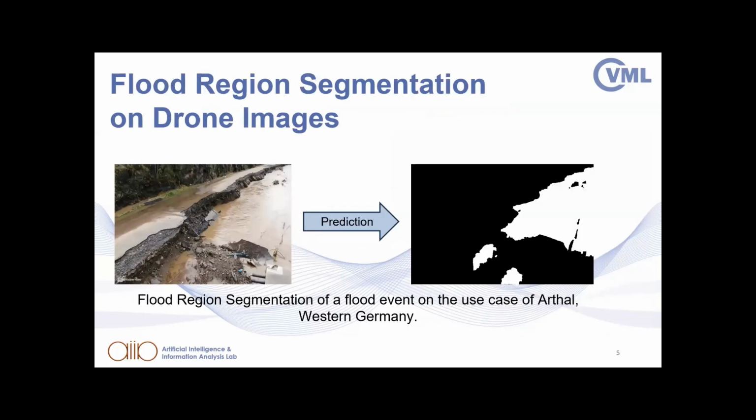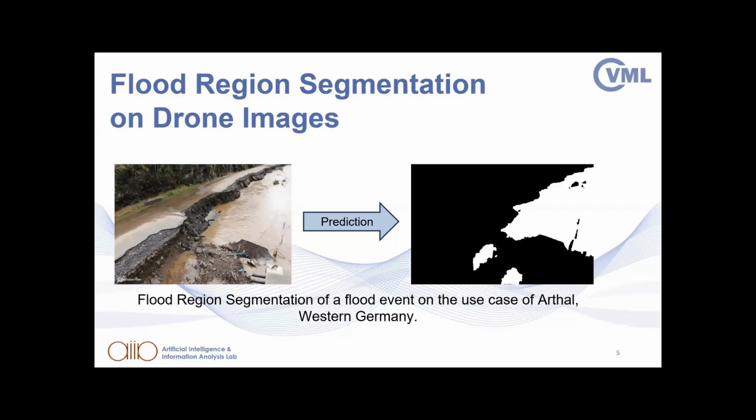This is an example of flood region segmentation using drone images, which is applied here to a real-world case from the Ahrtal region in Western Germany. On the left, you can see the original drone image, and on the right, we have the prediction of a segmentation model, which is represented as a segmentation mask. A segmentation mask is a binary image that overlays the original, marking specific regions of interest.